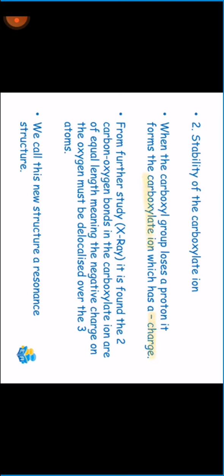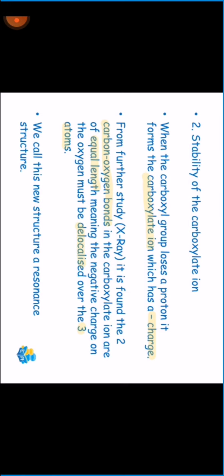and a carboxylate ion has a negative charge. And we'll see the structure of the carboxylate in just a moment. But from X-ray studies, it was found that the 2 carbon-oxygen bonds in the carboxylate ion are actually of equal length, meaning that the negative charge on the oxygen must be delocalized over 3 atoms.